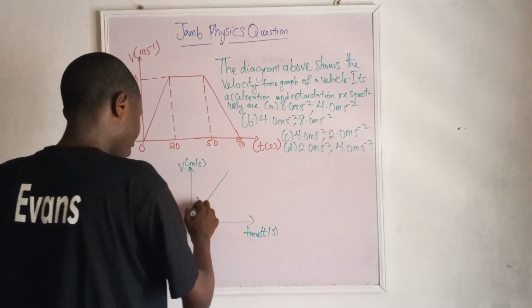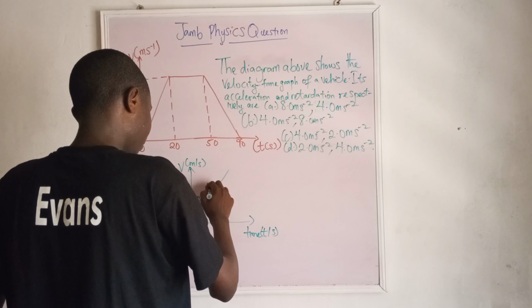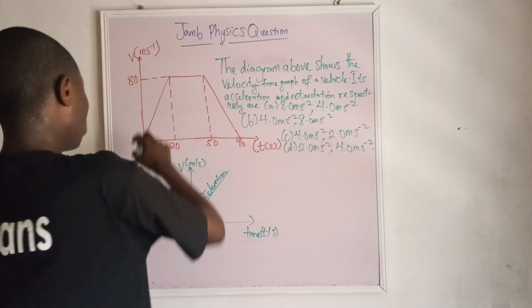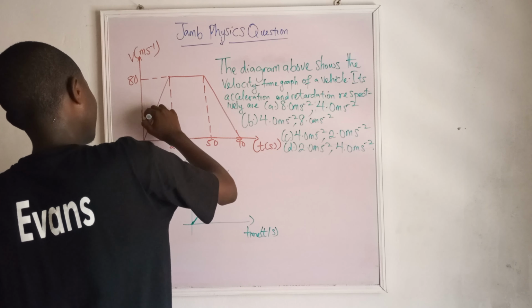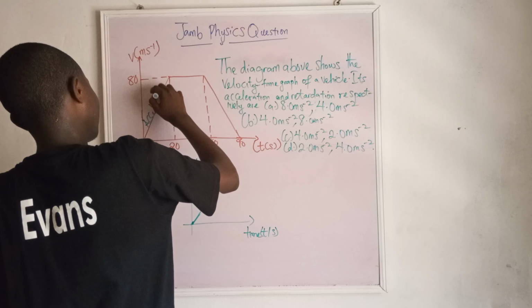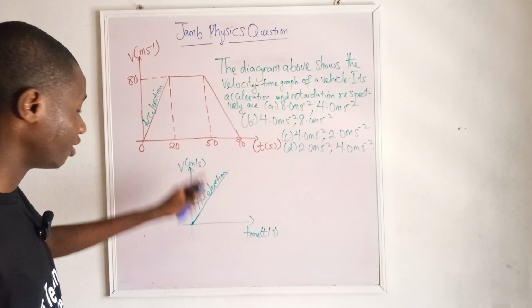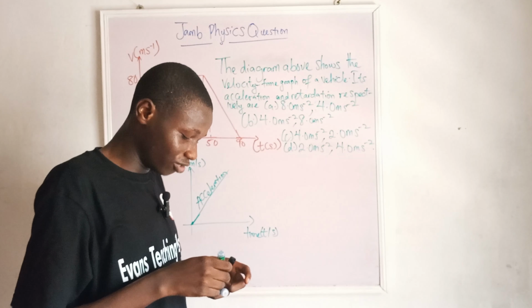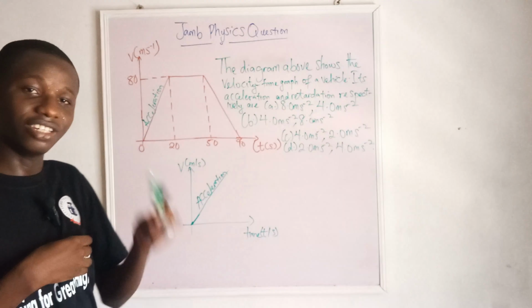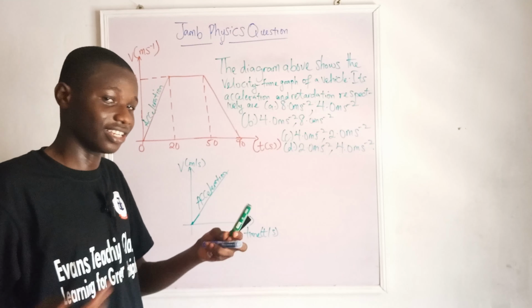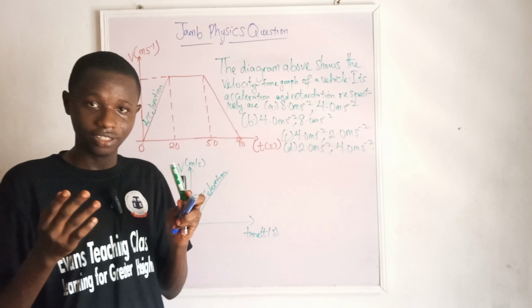It is called acceleration. If you look at this diagram, automatically you already know that this will be your acceleration. Do you get the logic now? Acceleration is increase in velocity with respect to time.